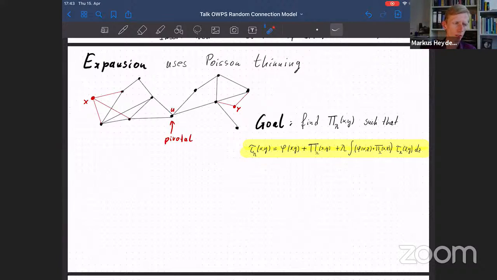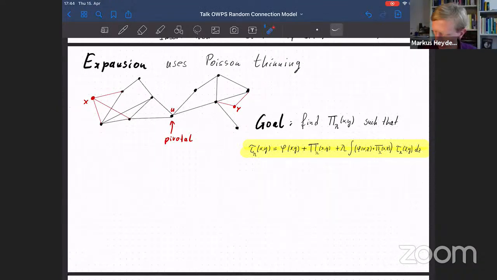The picture that you should have is that critical percolation configurations look different from supercritical ones, in the sense that if x and y are far away and they are connected, then the typical realization will have lots of these pivotal points. So you go from pivotal point to pivotal point, either via a direct edge or via a double connection, then the next pivotal point, and the next.